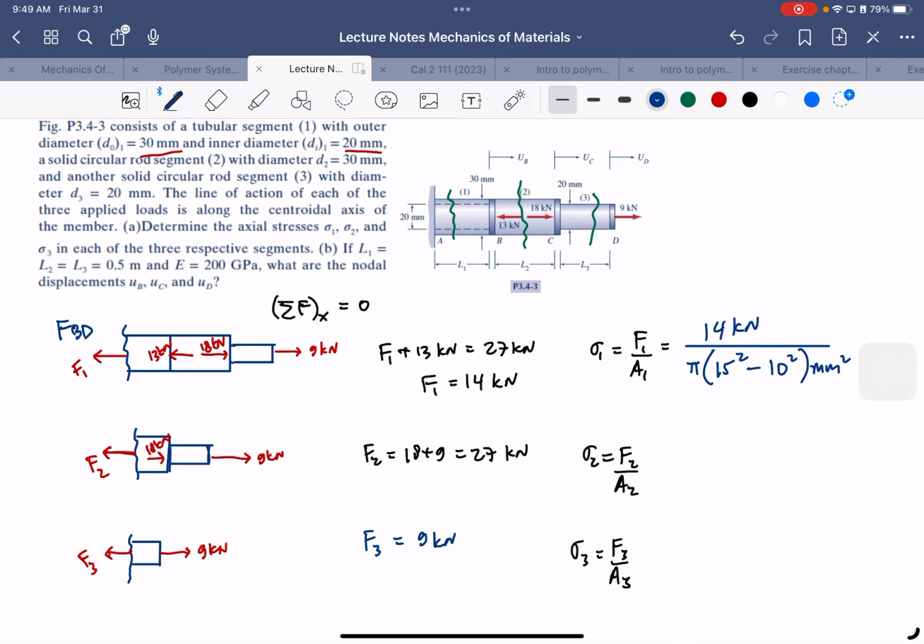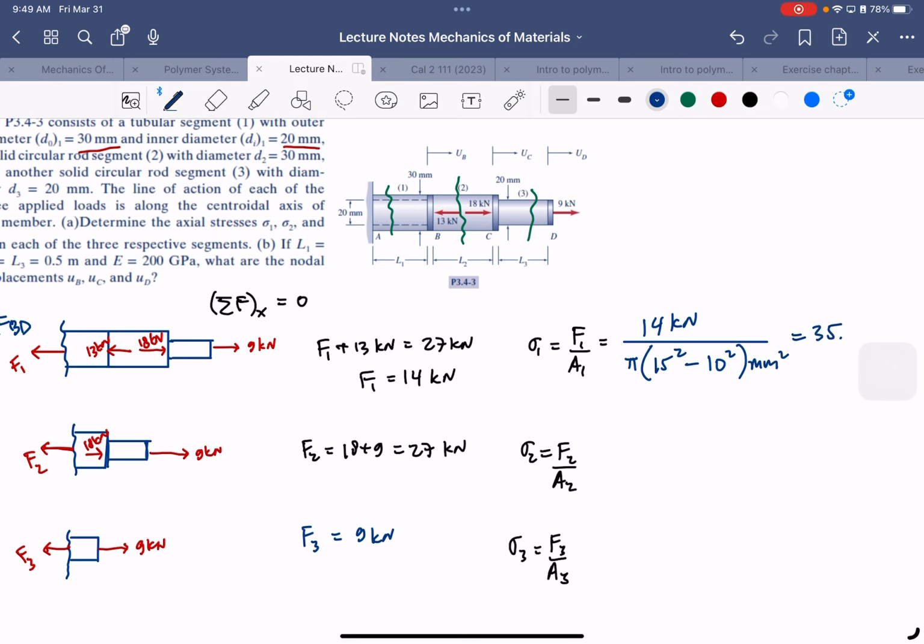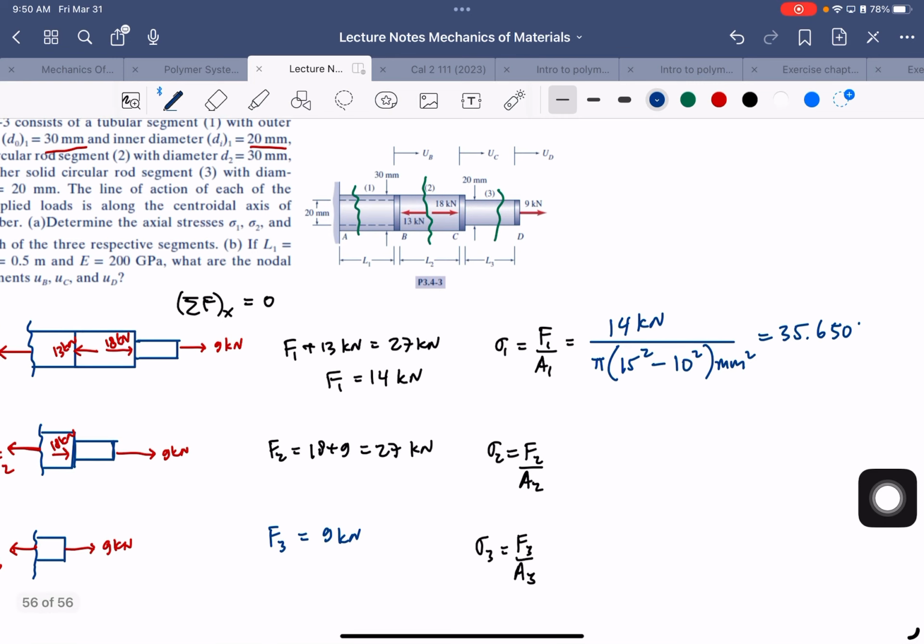Just to make sure. Okay, multiply with pi. So it's going to be 35.65 MPa. Or maybe just 65.